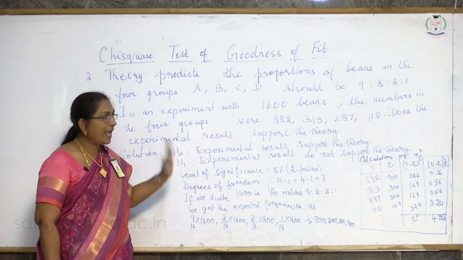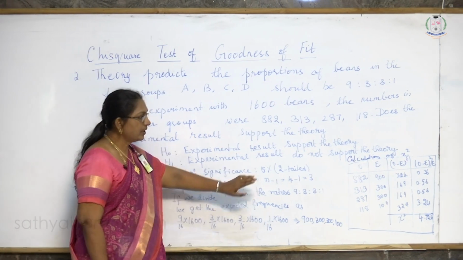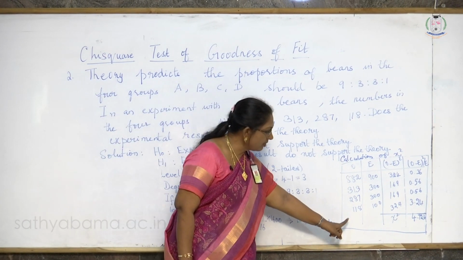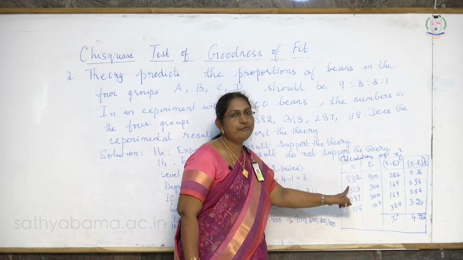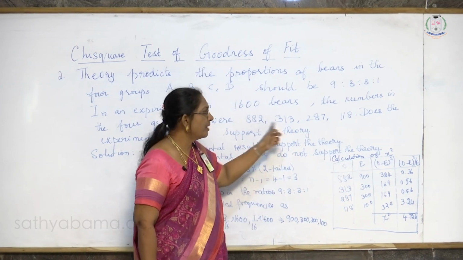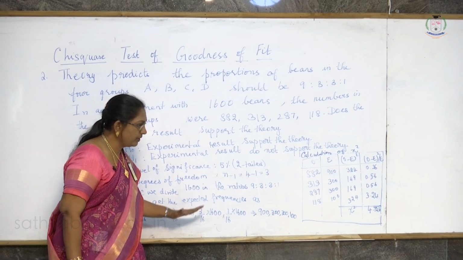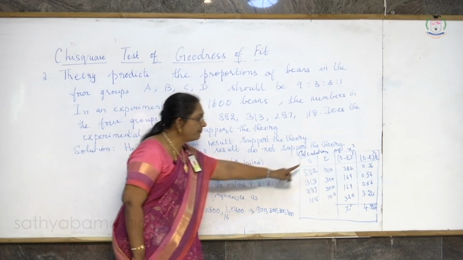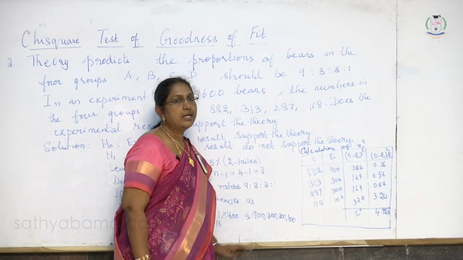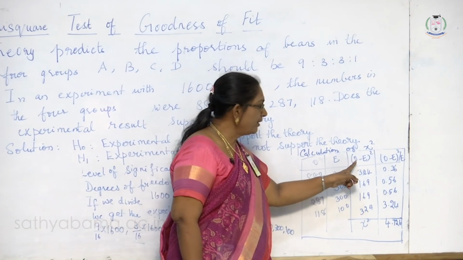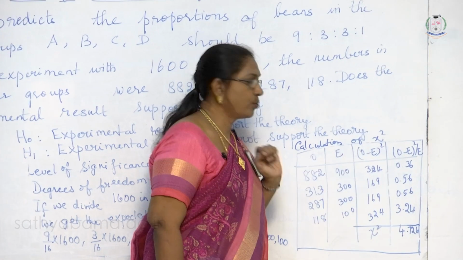Next, we will go to the calculation of chi-square. So, the chi-square table, the first column we will write the observed frequency which is given in the problem. In the second column, whatever we have found out, the expected frequency, that we will write in the second column. The next column we will find out O minus E the whole square.